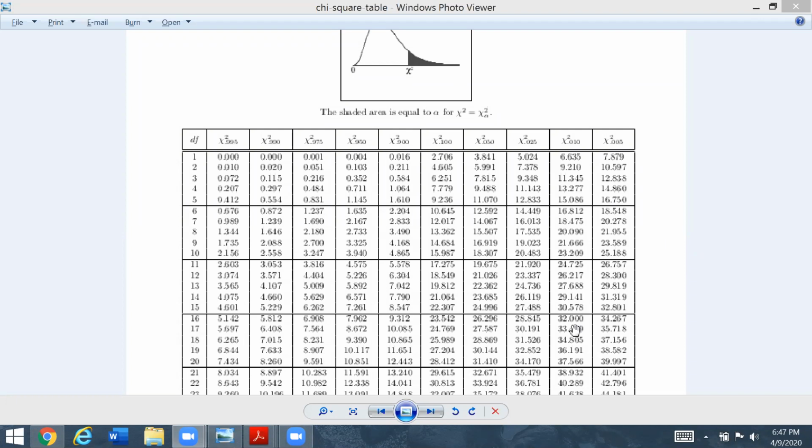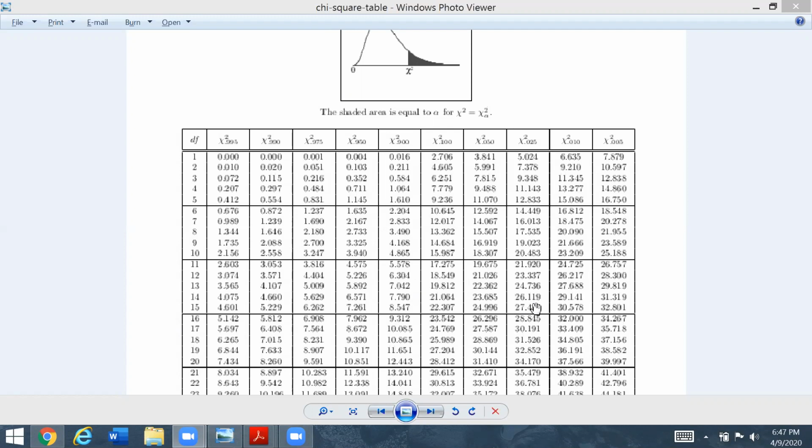We see its value from the table. Chi-square 0.025. This is the last but the third column, 0.025. Against the degree of freedom 14, come down, and this is the value against 14. You see, this is the degree of freedom 14, and against it chi-square 0.025, its value is coming to be 26.119.